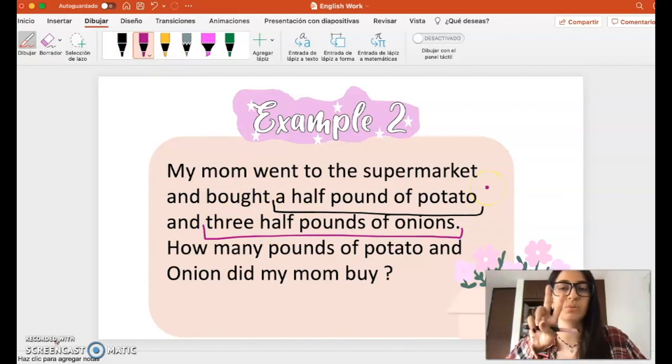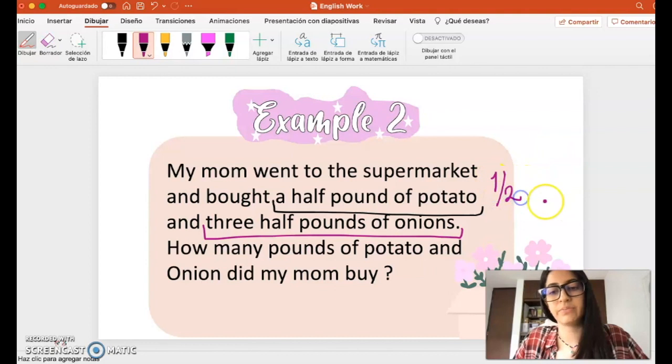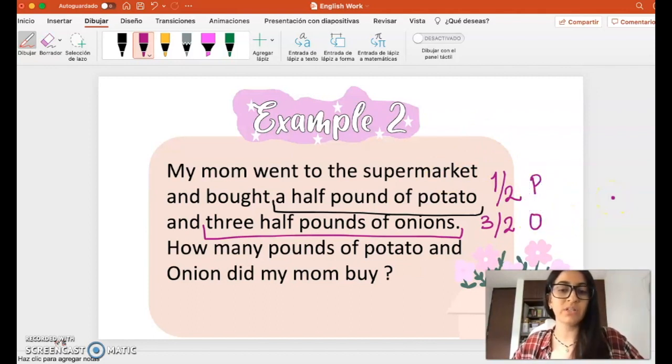We have 2 different elements. I have, remember it, a half of potato and 3 half is 3 divide by 2. This is potato and onion. And the question is, how many pounds of potato and onion did my mom buy?